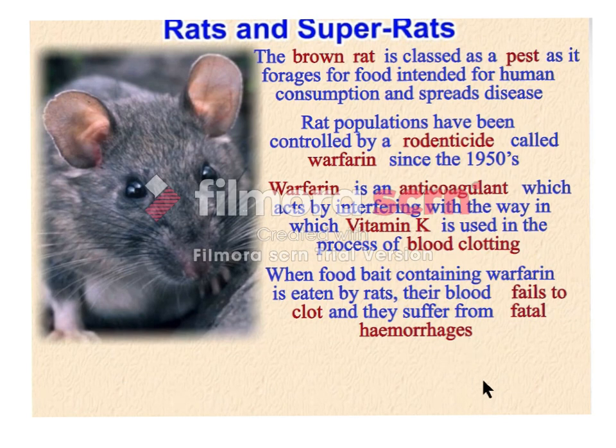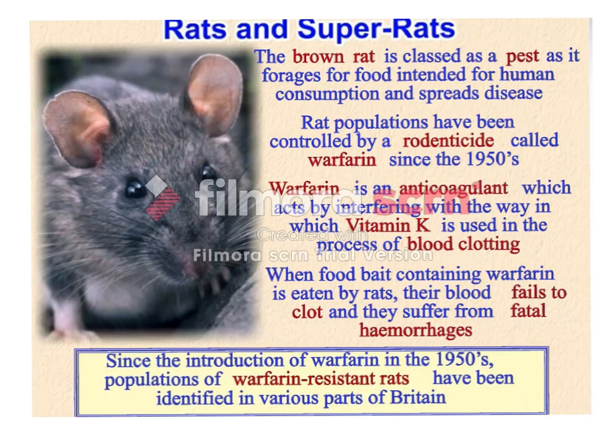As a result, most of the rats were dying when they got warfarin. But since the introduction of warfarin in the 1950s, populations of warfarin-resistant rats have been identified in various parts of Britain, meaning that many rats have developed resistance against warfarin.